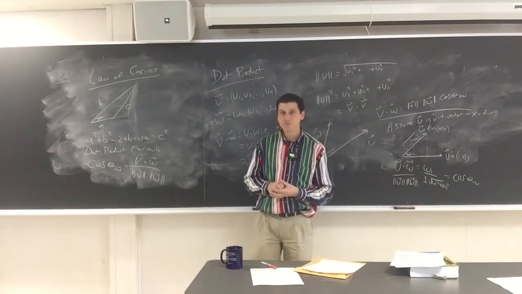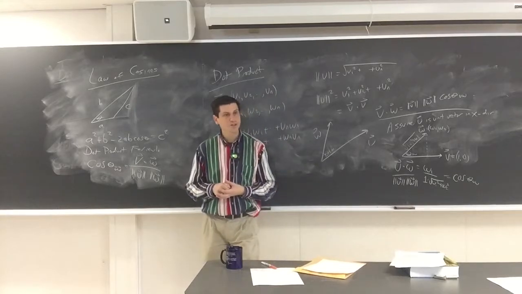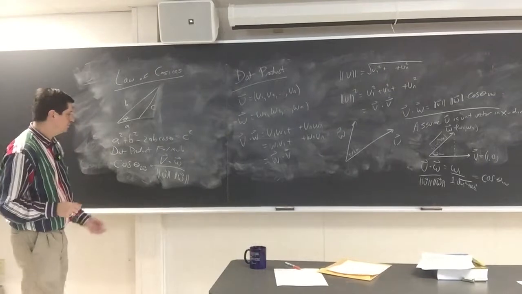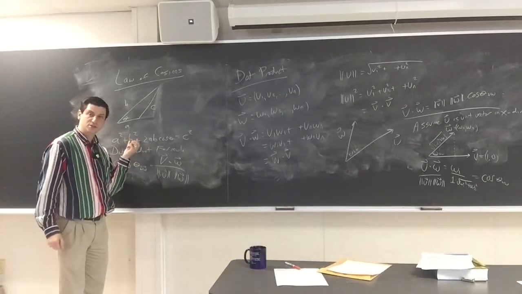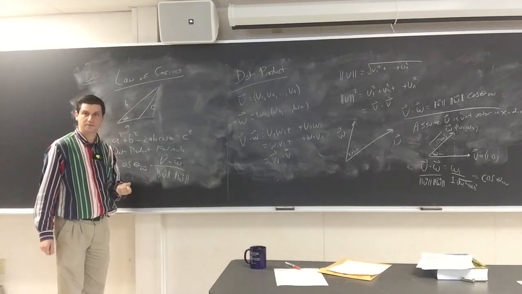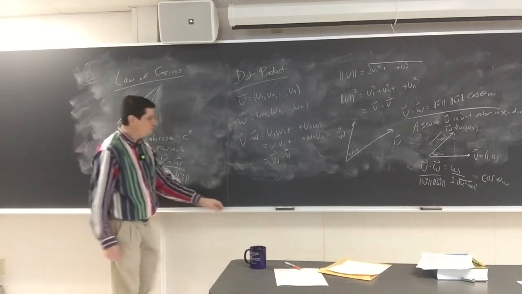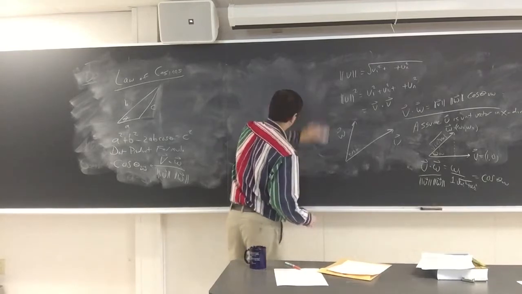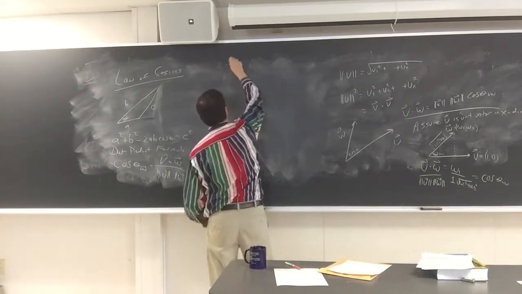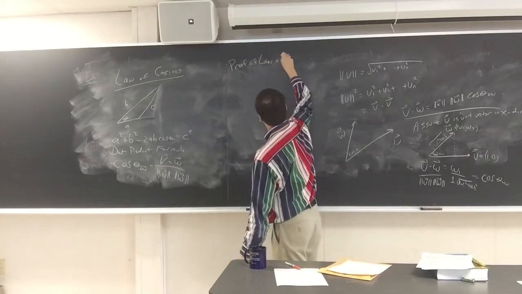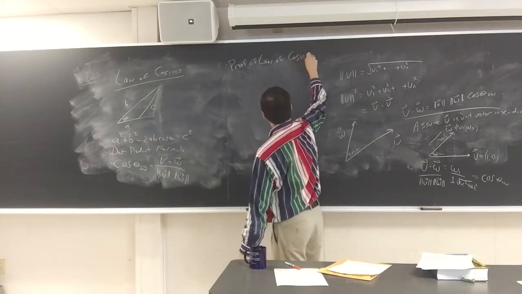All right, so now we're going to prove it in general, but to prove it in general, we're going to need the law of cosines. So we come back over here and get the formula for the law of cosines. So it's a squared plus b squared minus 2ab cosine theta is c squared. So we now need to prove the law of cosines. All right. So proof of law of cosines.